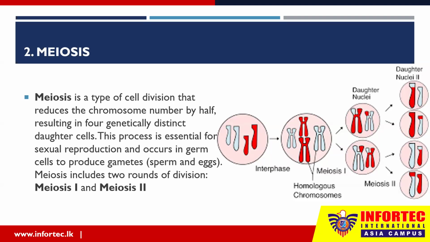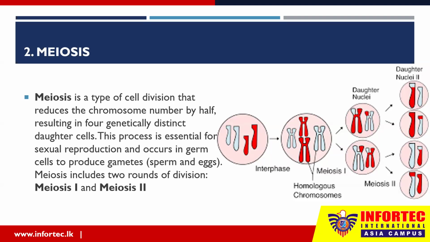Sperm and eggs, which are responsible for reproduction. The mother cells or germ cells produce these sperms and eggs by the process of meiosis.